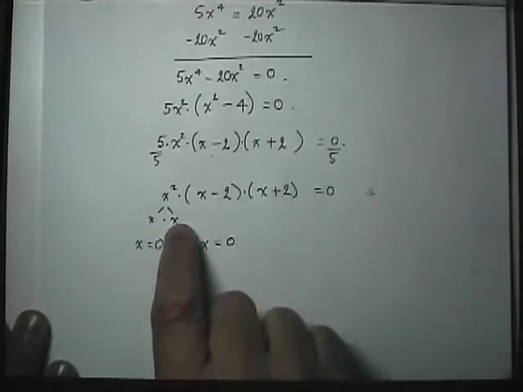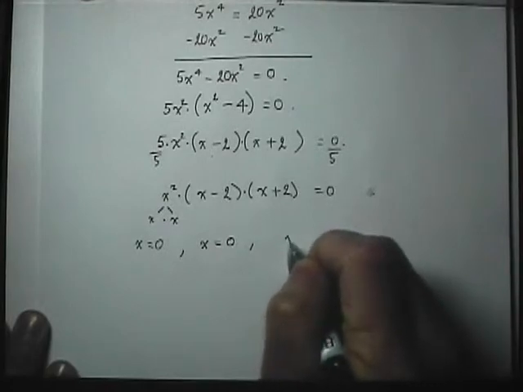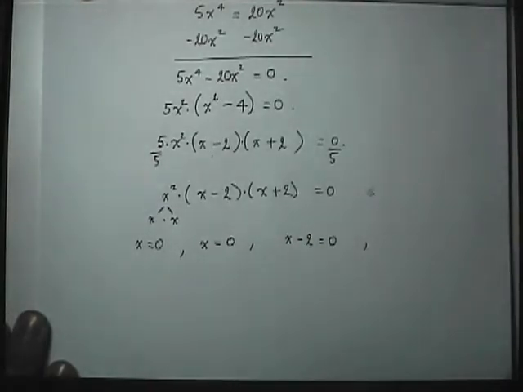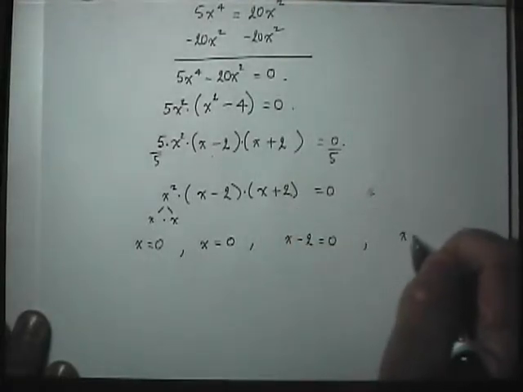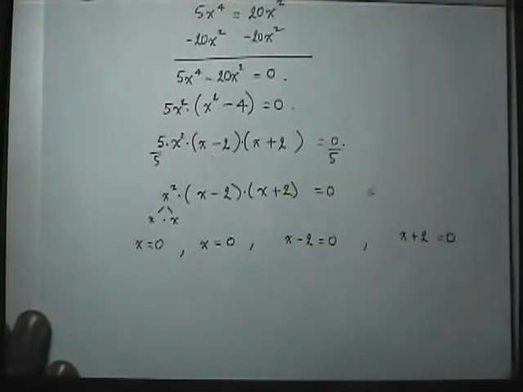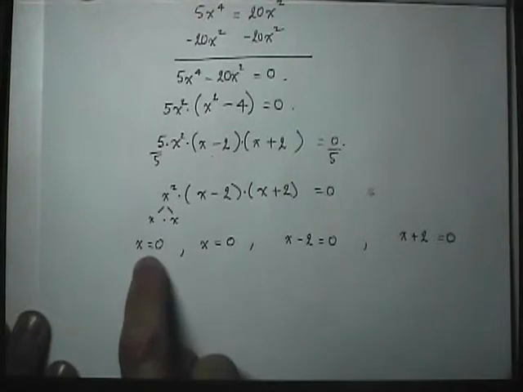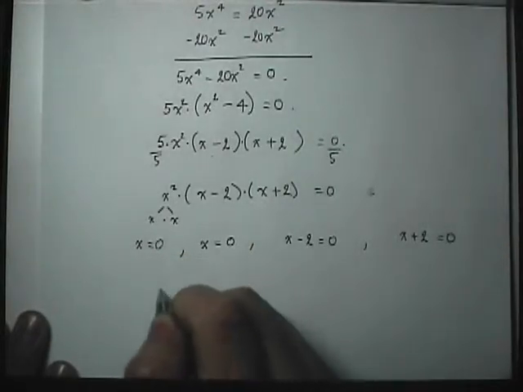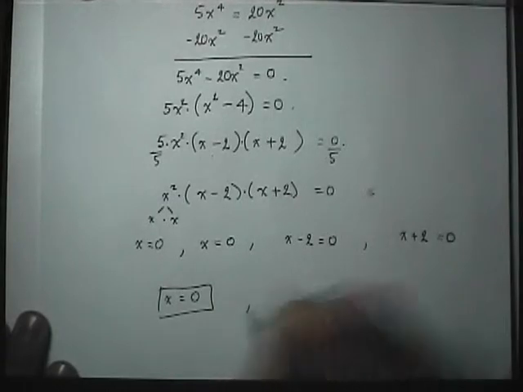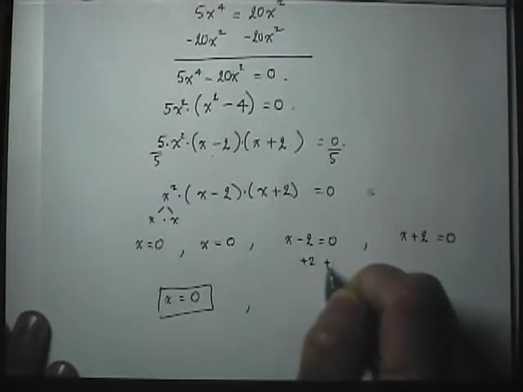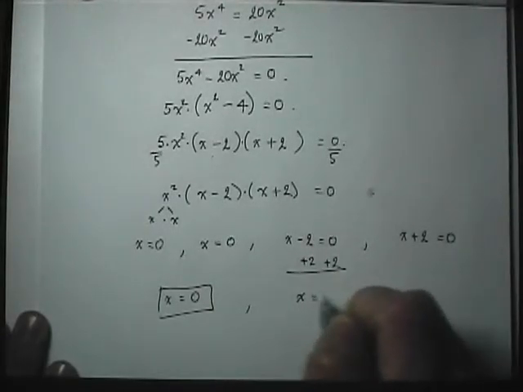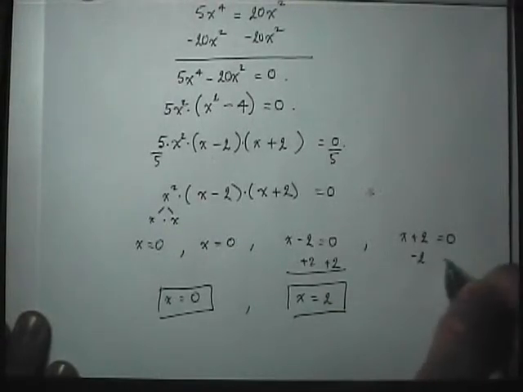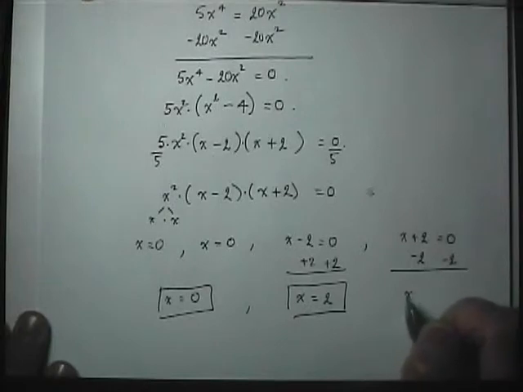Then my next one is x minus 2 equals 0, and the last factor, x plus 2 equals 0. The two x equals 0 already give you one solution: x equals 0. With the next one, adding 2 to both sides gives x equals 2. And for my last one, subtracting 2 from both sides gives x equals negative 2.